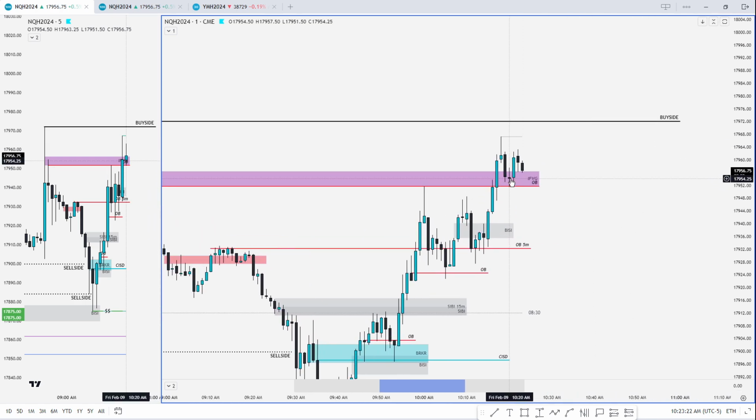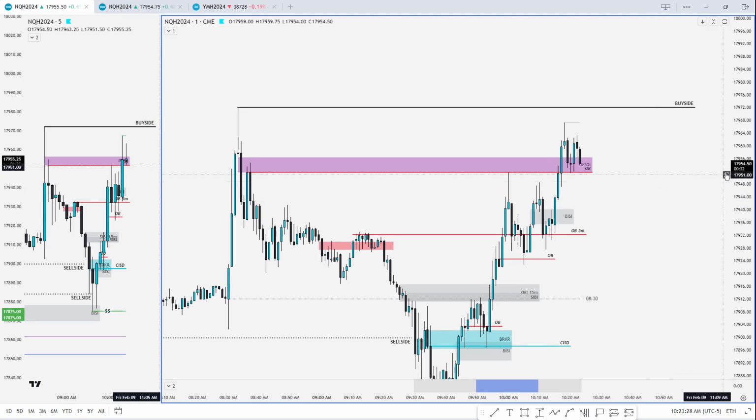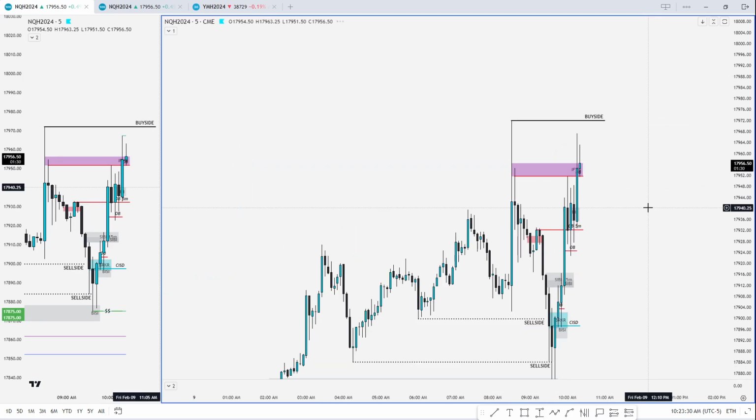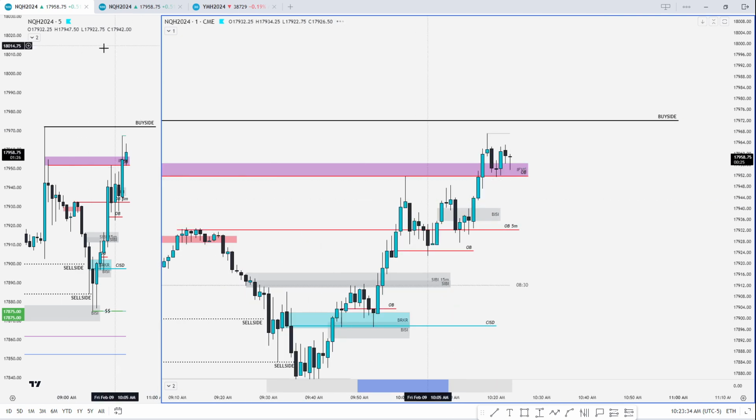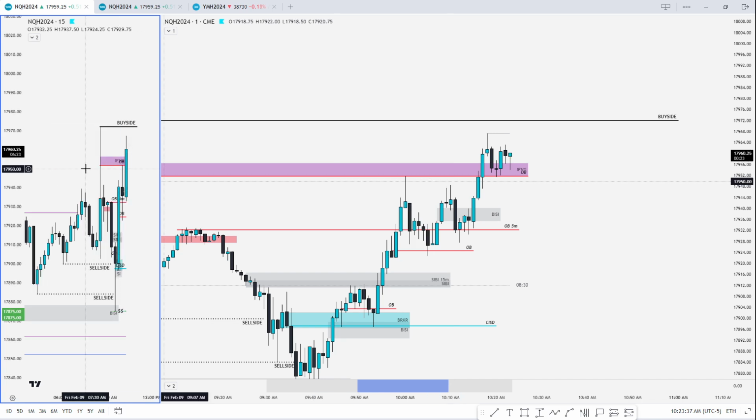So we've closed above this here. Would like to see the swing low at least be left intact. Higher time frames, let's check. Oh yeah, it looks fine. 15-minute. We're still expecting. We have 6 minutes left in this expansion on the 15, so we could still see the high taken out with this candle.